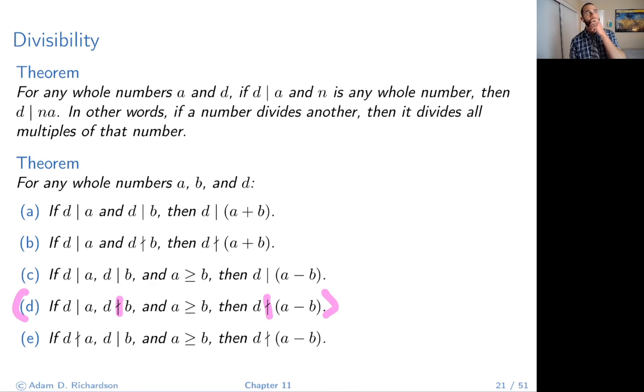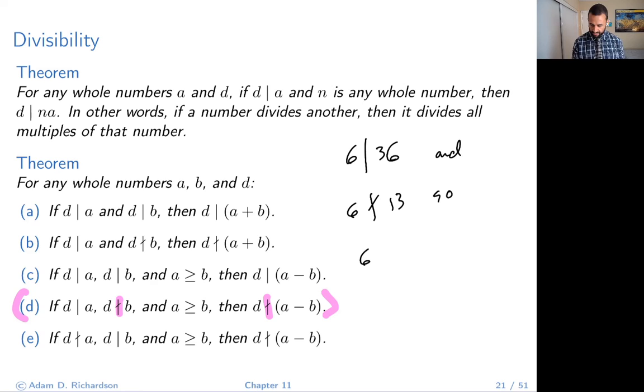Let's see. How about this? 6 divides 64, right? Oh, no, it does not divide 64, my bad. Let's see, I'll stick to something easier. 6 divides 36, and 6 does not divide 13, right? It doesn't divide 13.